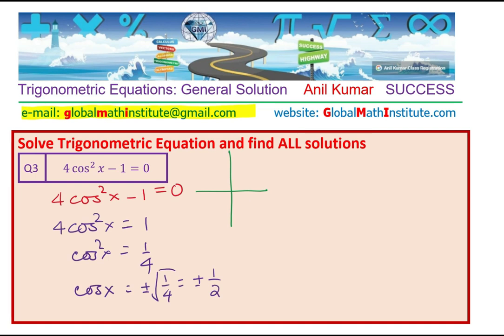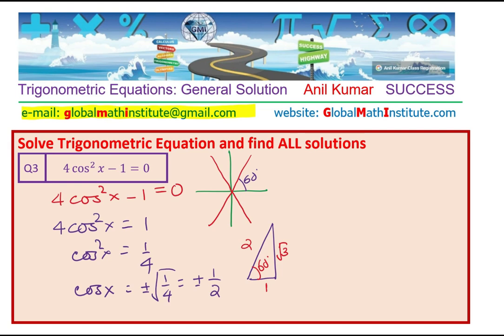Cos is half for 60 degrees, as you know, right? So the related acute angle for us is 60, correct? You can make a triangle here, 1, 2, square root 3, that being 60 degrees, correct?